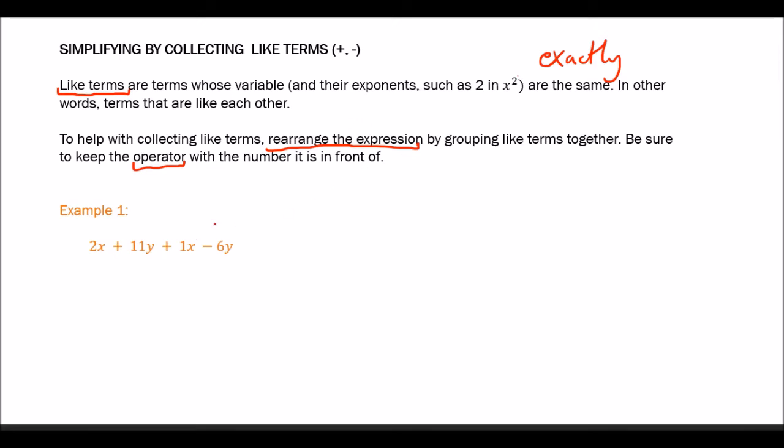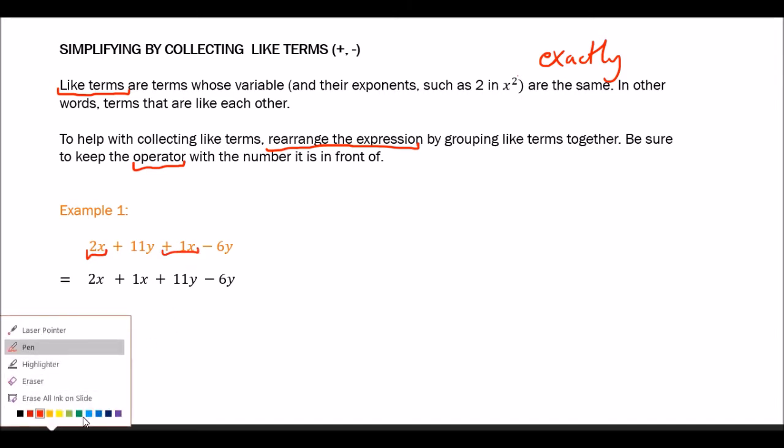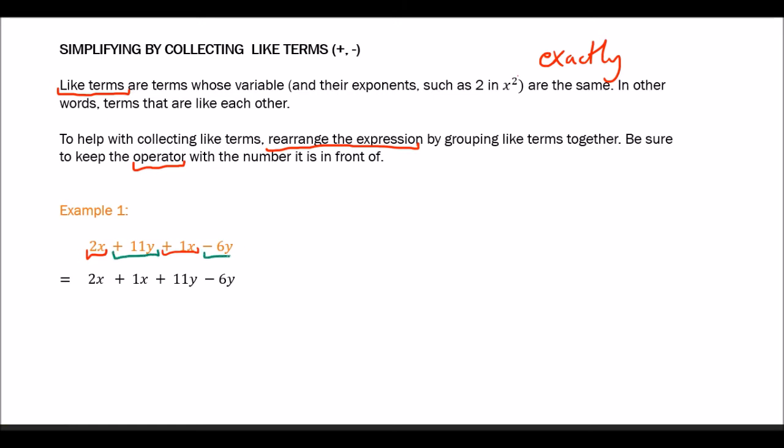In this case, I can see the like terms, and what I've done here is group them together because I've recognized that 2x and 1x are exactly the same. The other terms that are the same are 11y and negative 6y.